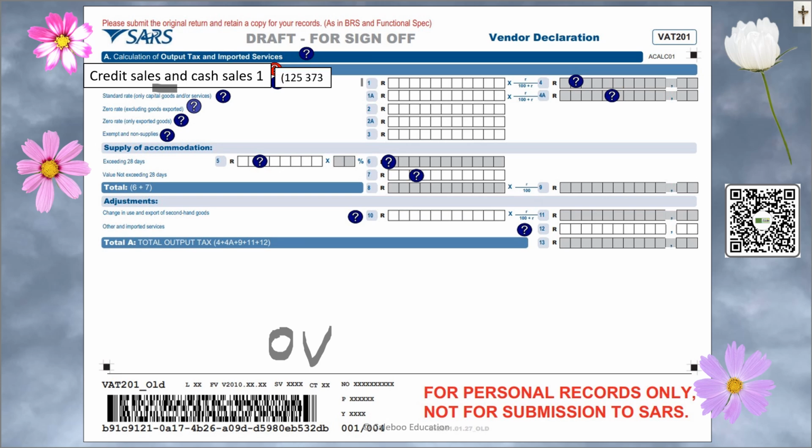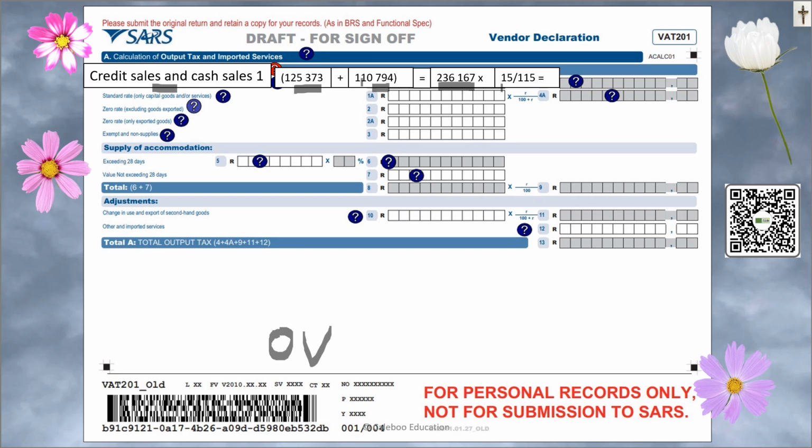So it was the credit sales 125,373 plus the cash sales, and that equals 236,167. Now that is the VAT inclusive amount. The amount we need to fill in is the VAT amount. So we need to multiply this total amount by the VAT fraction.